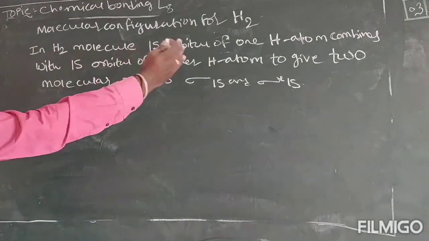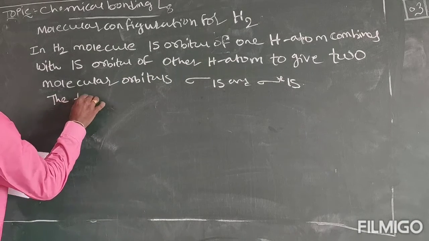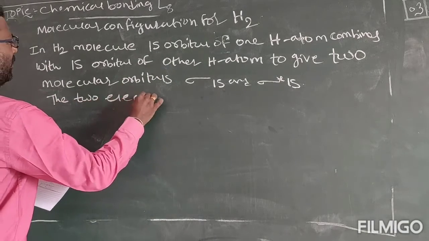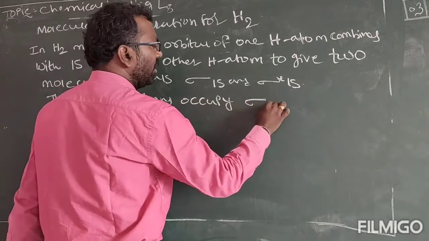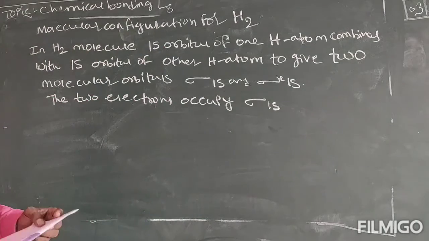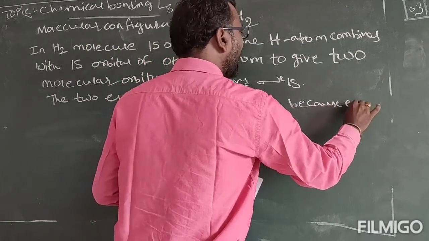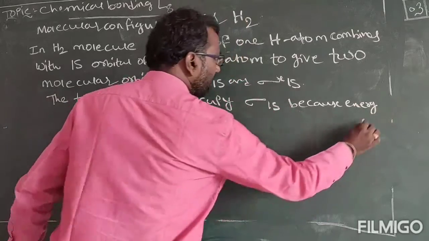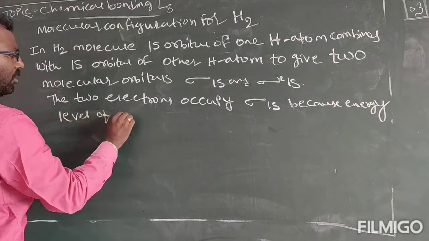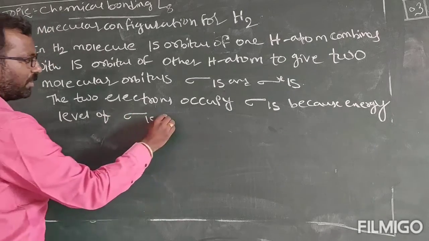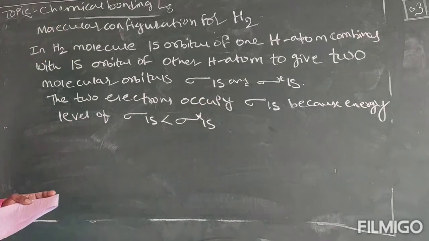So now, how many electrons are there in total? 2 electrons. So the two electrons occupy the bonding orbital only. Why? Because the energy level of the bonding orbital is less than the anti-bonding orbital.